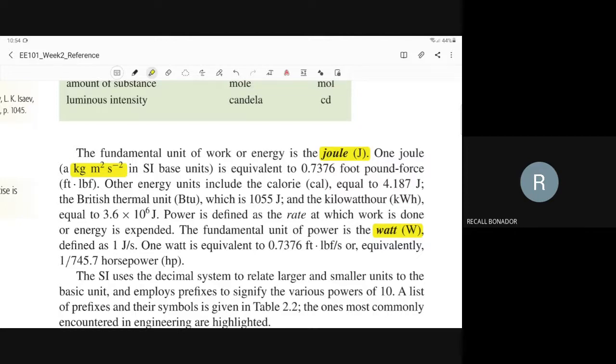Why? It is the amount of power being used in a particular time. So say for example, you use an electric fan. An electric fan has a wattage, right?